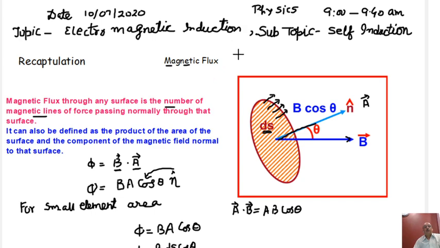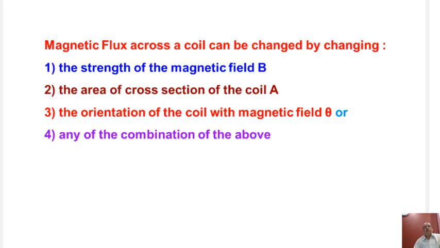Now, the flux may be changed by four conditions. As we know, flux phi is equal to B A cos theta.